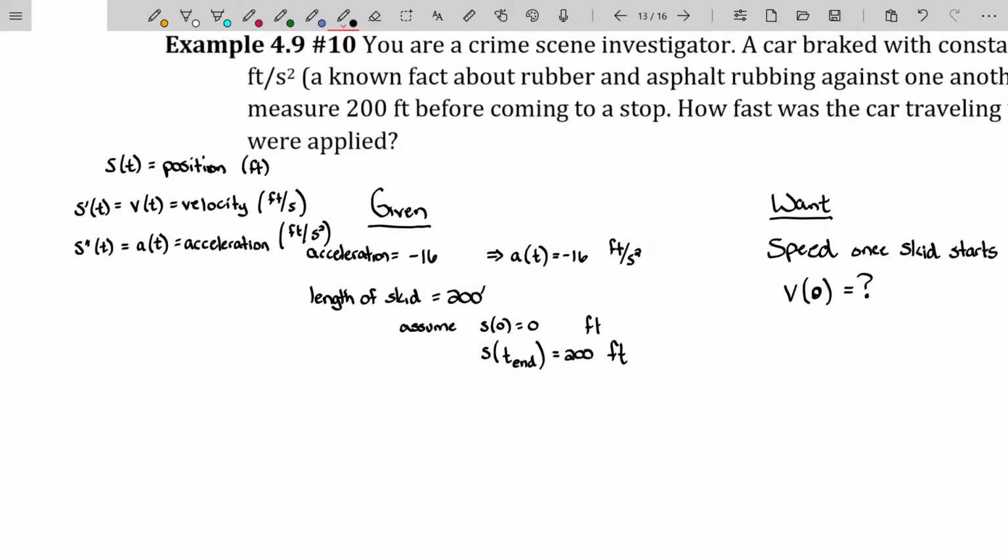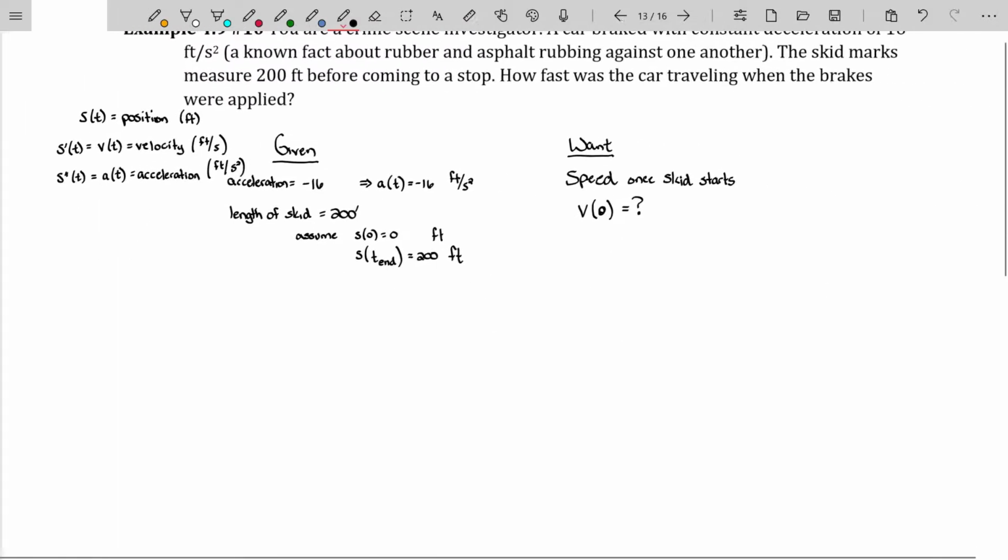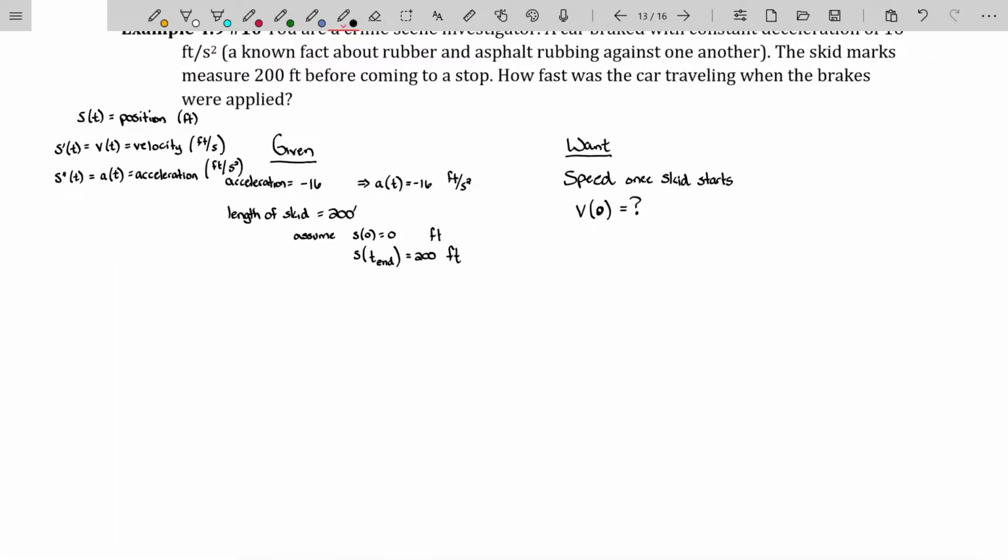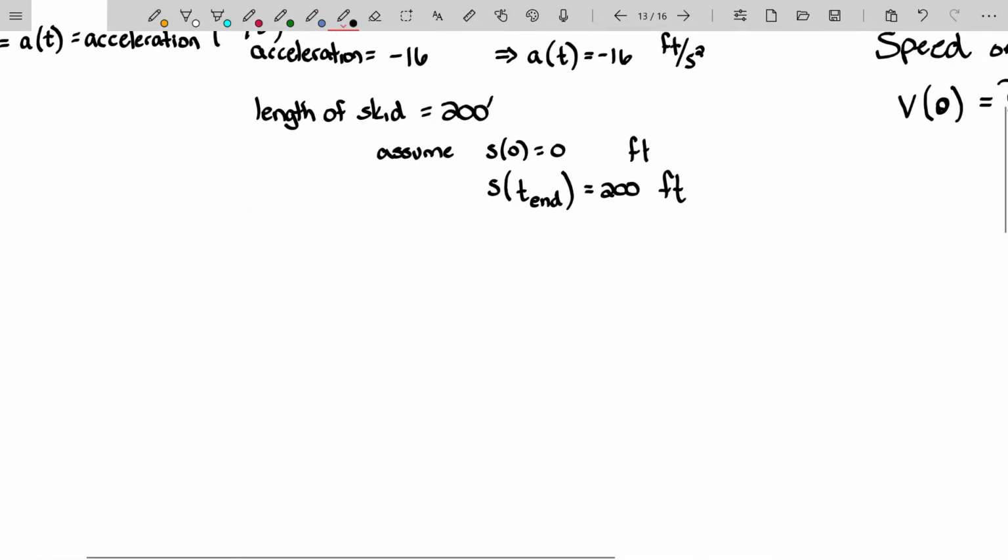Given that information, we should be able to build everything out. All right, so let's go ahead and start, and I'll create a better view of all this information right now. Let's tie up all the position information. So S of 0 is 0, and S at time end, whatever time that is, is 200.